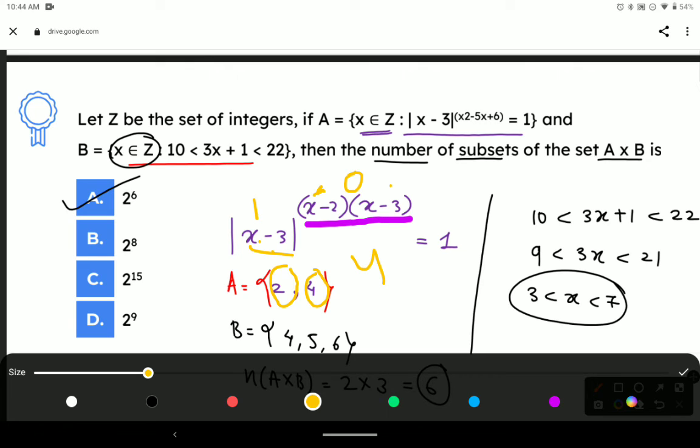But everybody gets a doubt here. See, 3 also can be taken now. Here 3 is also one of the elements, right? But why aren't you taking that? Because if we take this 3, carefully observe, here also it becomes 0. 0 power something results in 0. You should be very careful in this type of questions, especially here.